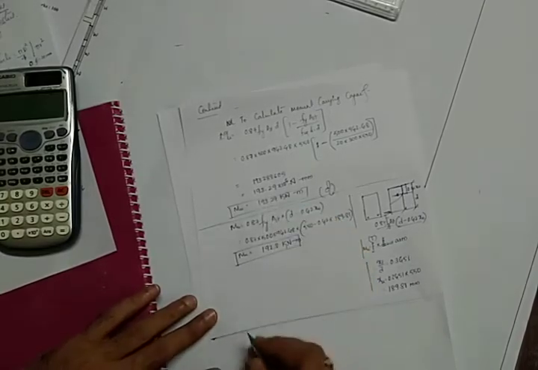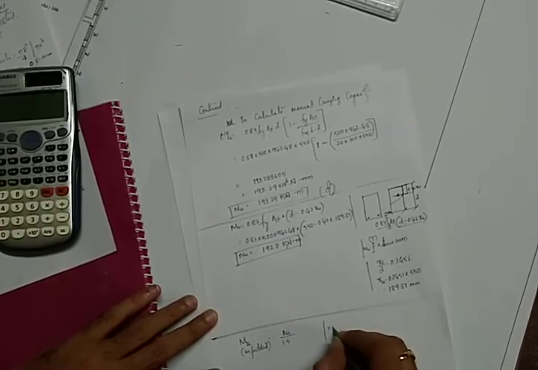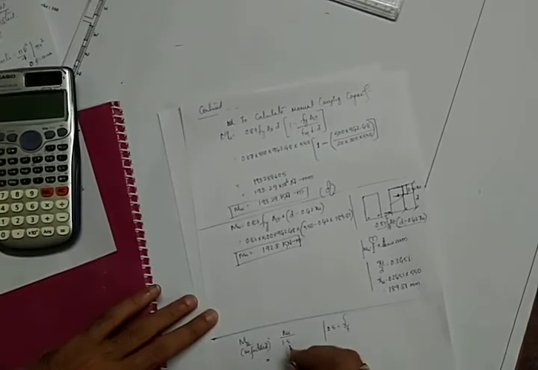So after calculating this, I am calculating unfactored moment. I will call in bracket unfactored, which is equal to mu divided by 1.5. So here 1.5 is a factor of safety that is known to you. In concrete and limit state design, we will consider a factor of safety of 1.5.